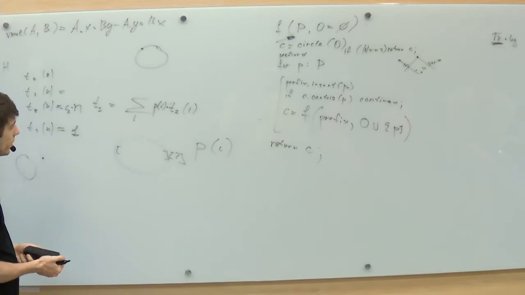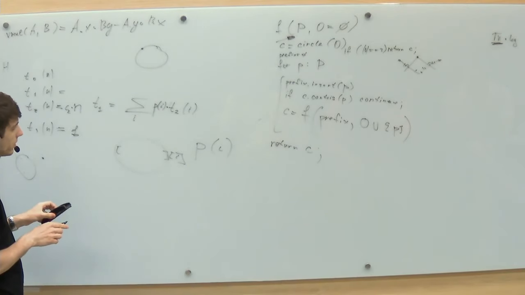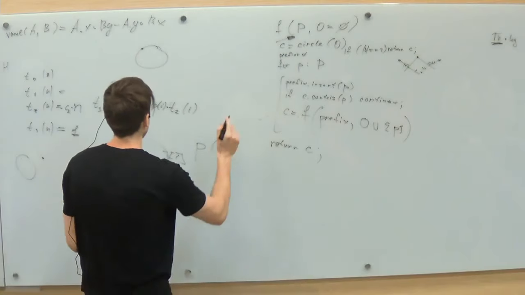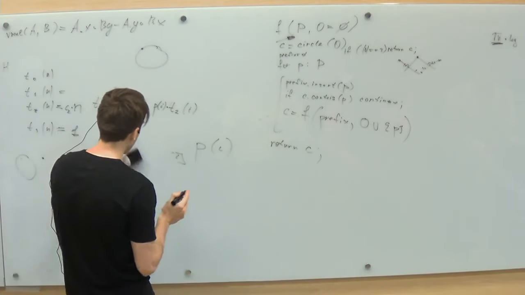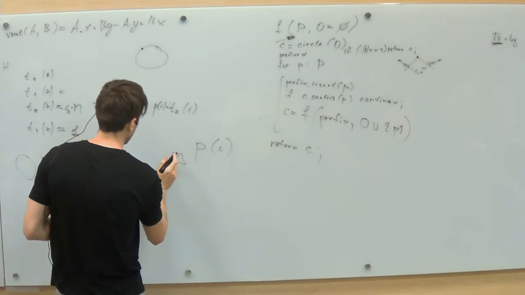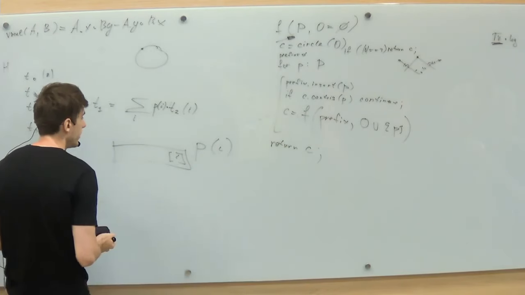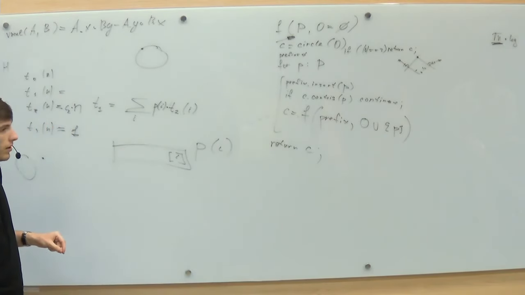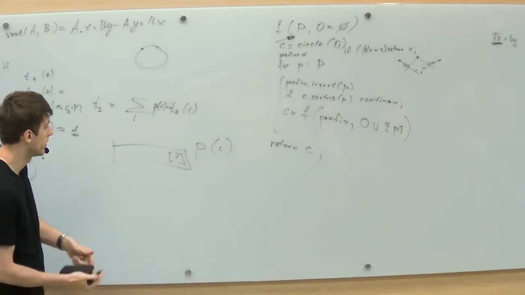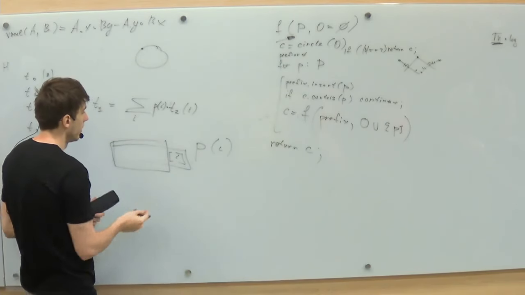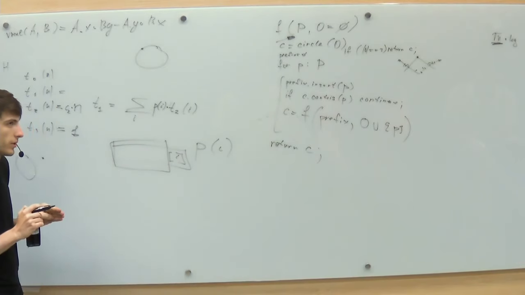So let's try to estimate what this probability is. Imagine we have this prefix of size I. What is the probability that this point is not inside the answer for this? Let's change the statement a little bit.